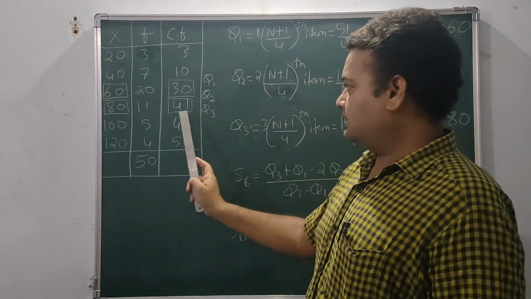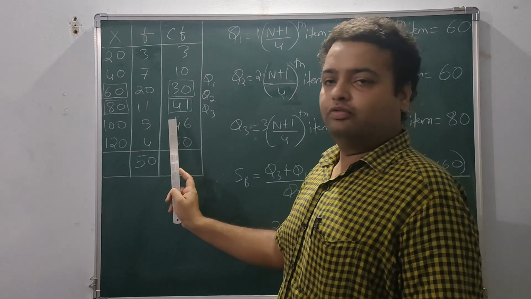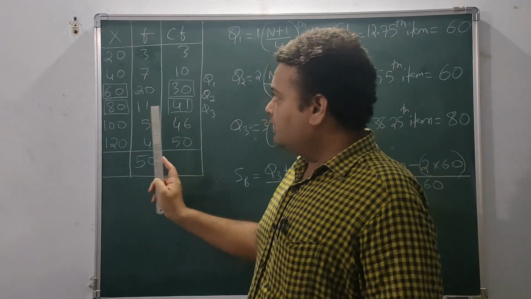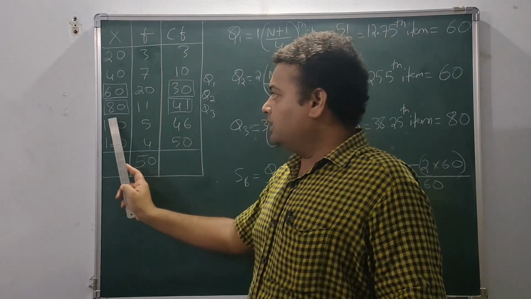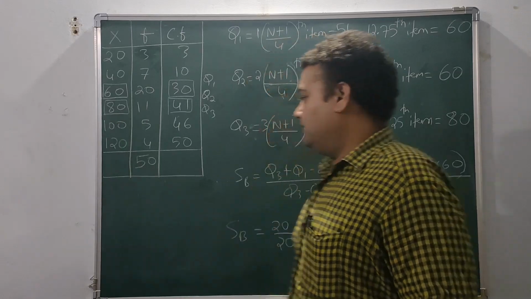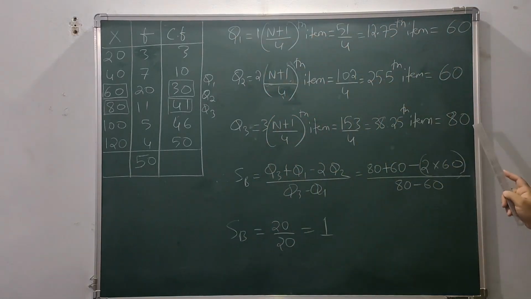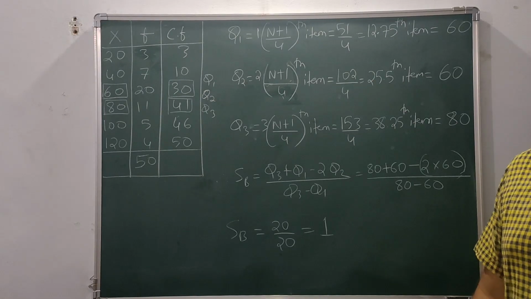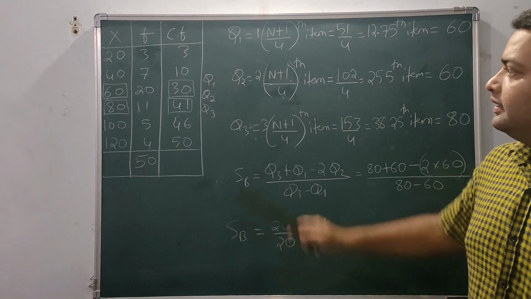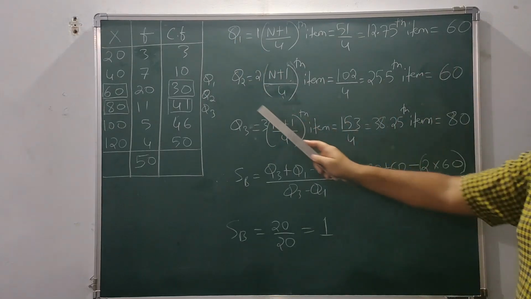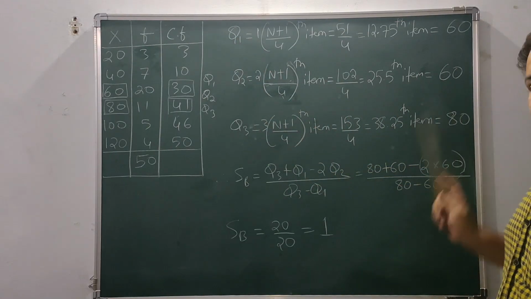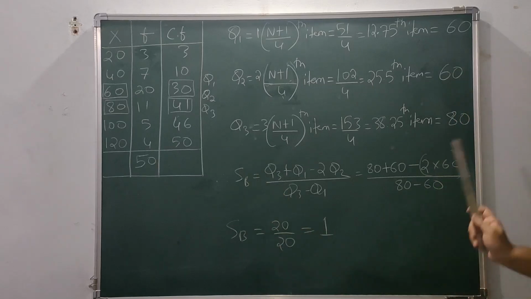The next number greater than 38.25 is 41, and the x value corresponding to this cumulative frequency is 80. Therefore, the Q3 value is 80. Now that we have calculated the values of Q1, Q2 and Q3: Q1 is 60, Q2 is 60 and Q3 is 80.